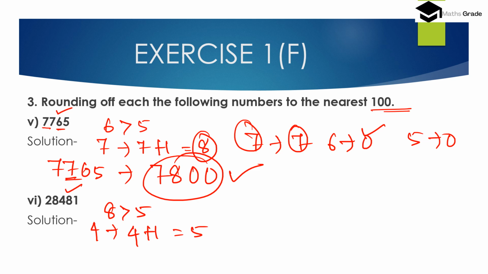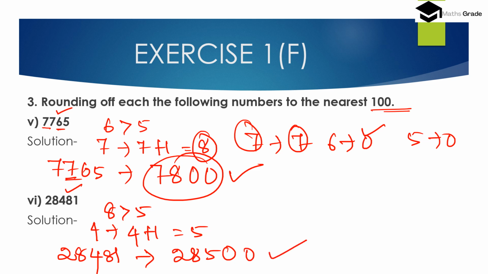And write down the ten thousand place digit as it is, that is 2, and the thousand place digit as it is, that is 8, and the hundred place digit 4 changes to 5, and the tens place digit 8 changes to 0, and the unit place digit 1 changes to 0.